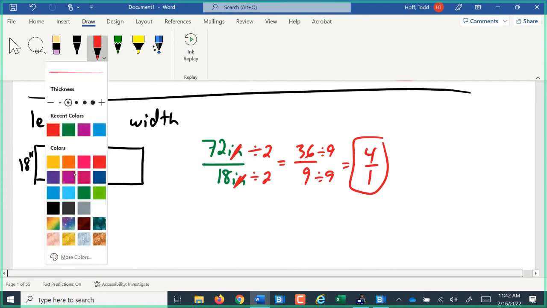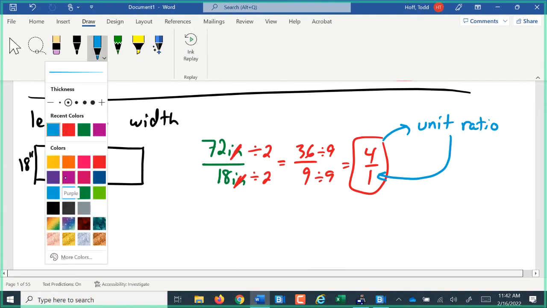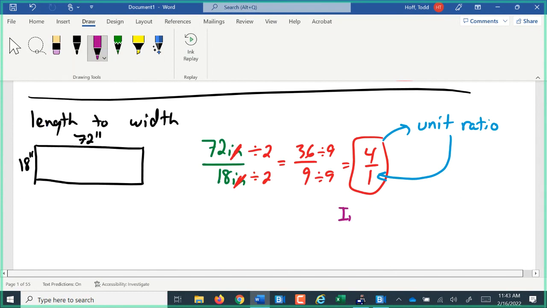Now this is actually a special form of a ratio called a unit ratio. A unit ratio just means it is comparing something to the number 1. And that second number, what we're comparing to, is the value of 1. Now coming up, we will have at least one example today where I'll show you an inverse unit ratio.